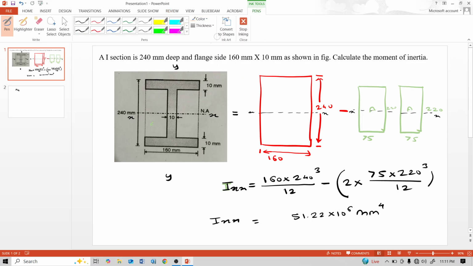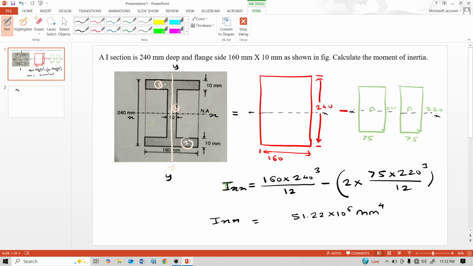The moment of inertia about this Y axis is calculated by first finding it for this first plane section, then this second web section and the third plane section.